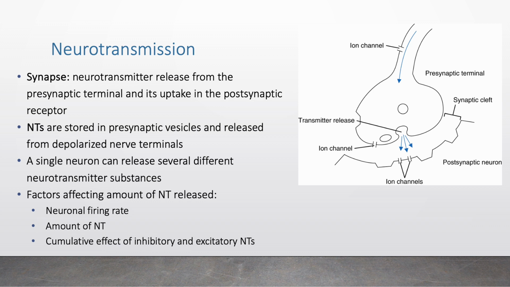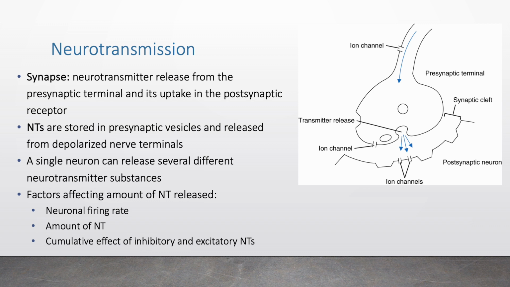When the presynaptic neuron is depolarized or activated, it releases neurotransmitters into the synaptic cleft, the space between the neurons. Released neurotransmitters bind to specific receptors in the postsynaptic neuron membrane. This binding triggers a response in the postsynaptic neuron, either excitatory or inhibitory, depending on the neurotransmitter and receptor type.